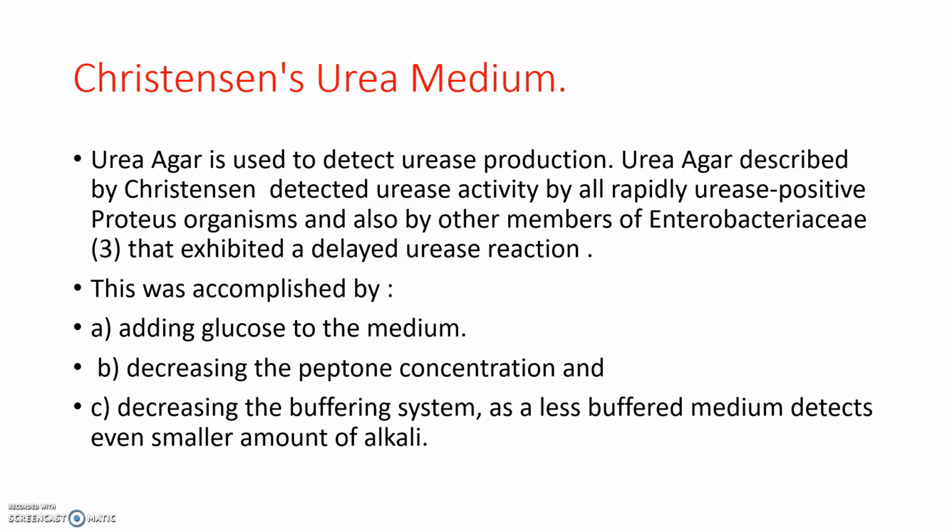So mainly this urease reaction is positive in the Proteus species, that is coming under Enterobacteriaceae family. This was accomplished by adding glucose to the medium, decreasing the peptone concentration, decreasing the buffering system, as less buffered medium detects small amount of alkali. That is why the delayed urease reaction.